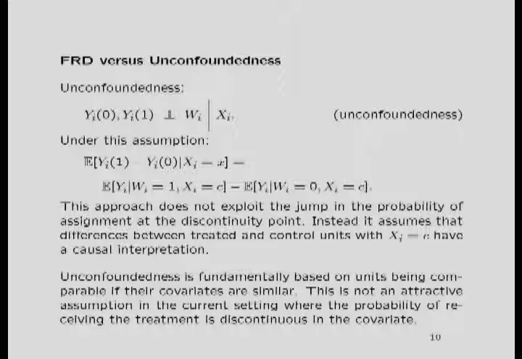So in principle, we could have done an alternative analysis along the lines of the first lecture, namely assuming unconfoundedness, assuming that conditional on the test score, who gets the financial aid is more or less random. And there's nothing particular in the data that tells you that would be the wrong thing to do.